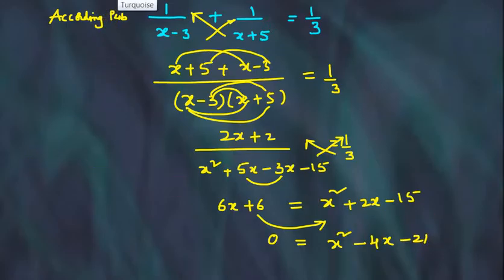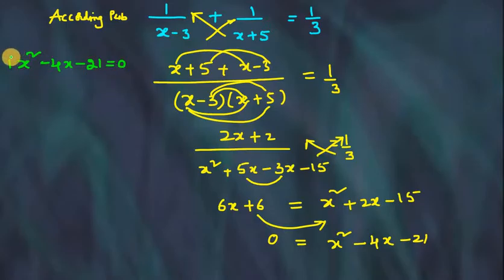If I solve this quadratic equation, I will get the value of x, which we assumed to be the present age of Rahman. So x square minus 4x minus 21 is equal to 0.